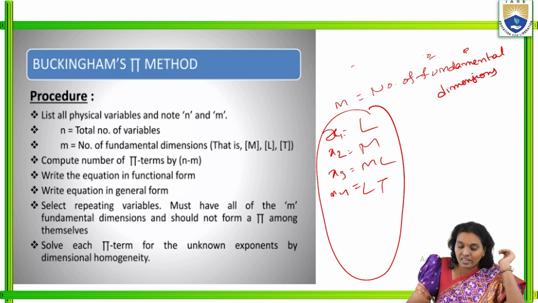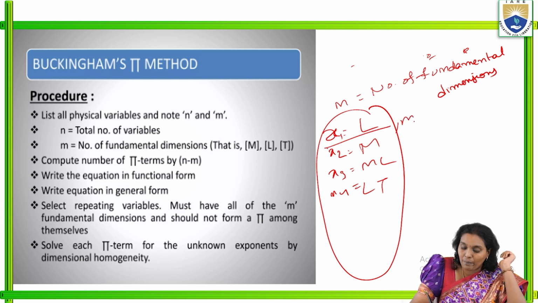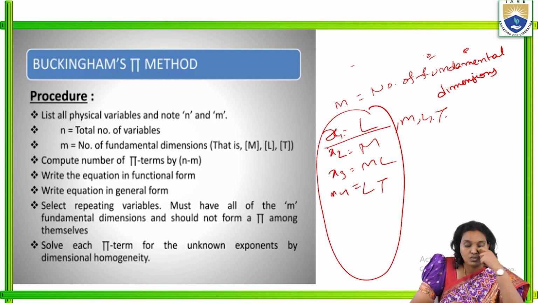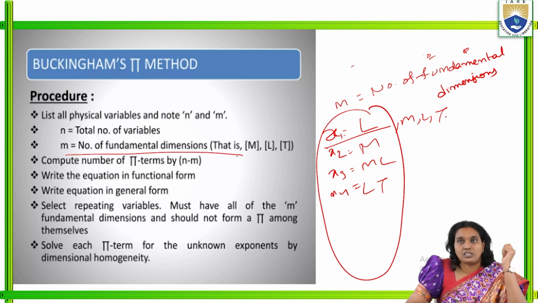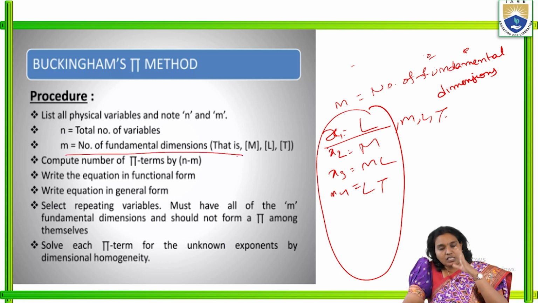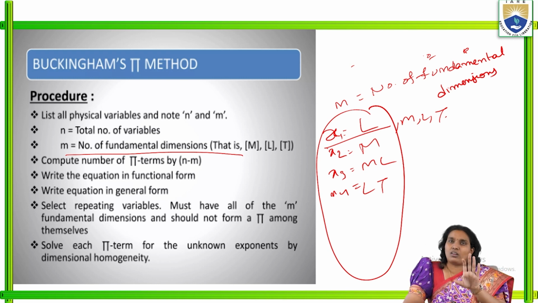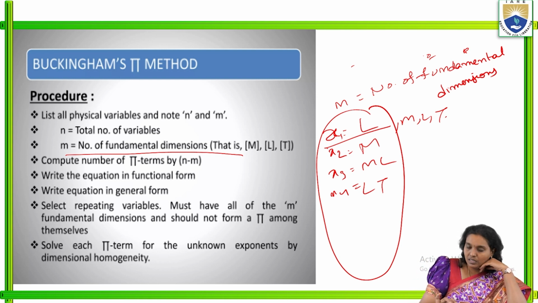It's not required that each variable contains M, L and T. That is the number of fundamental dimensions. So based on all variables, whether those M, L, T are present or not, that is what we have to understand. Simply it is like that.